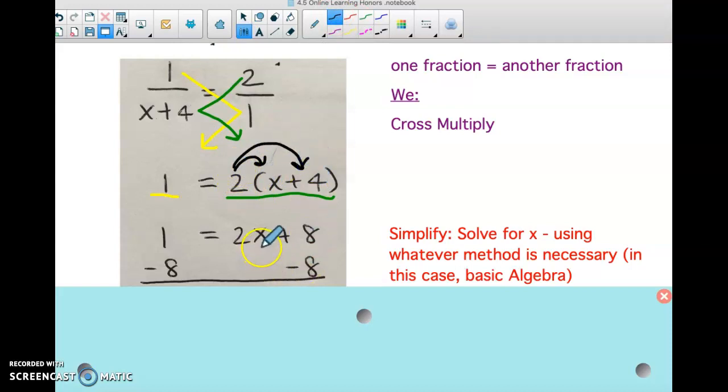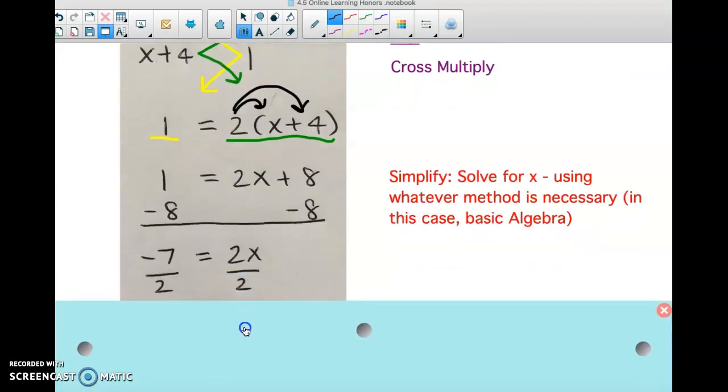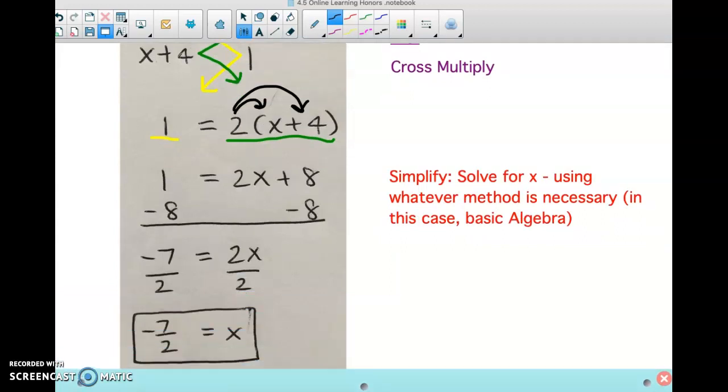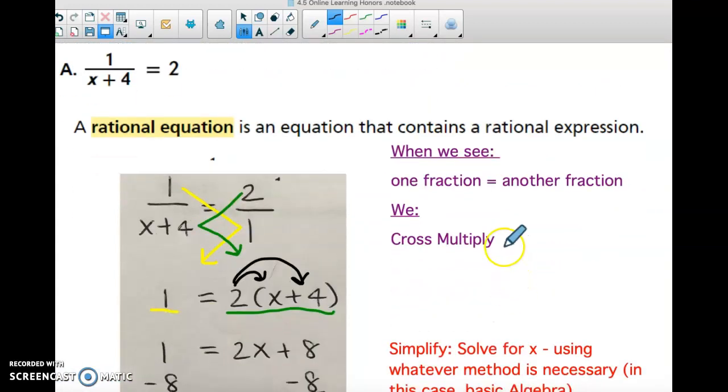And then I just got to isolate this x variable. So I subtract 8 from both sides. I get 1 minus 8 gives me negative 7 equals 2x. 2x, how do I get that x alone? Divide both sides by 2. And I could say x equals negative 7 over 2. And that's it. Okay? Super easy when I have one fraction equal another fraction. Just have to cross multiply and solve for x.